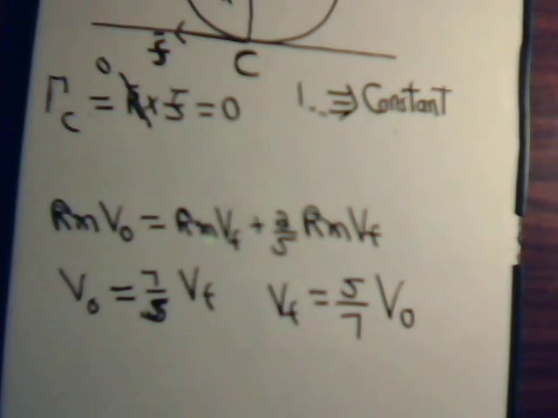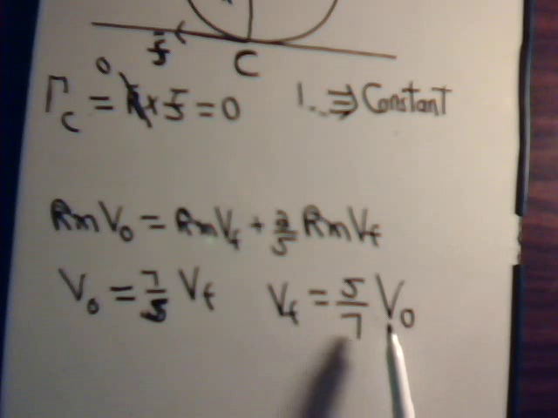So what it tells us is that when the ball goes into pure roll, its final velocity is equal to 5/7, some fraction, that fraction of its initial velocity. And that's consistent, at least, with what we talked about in the previous video.